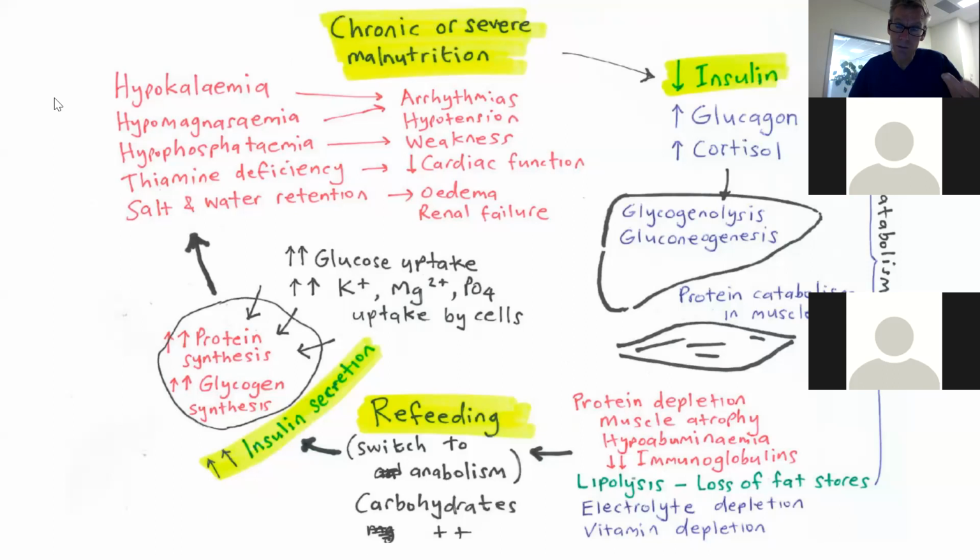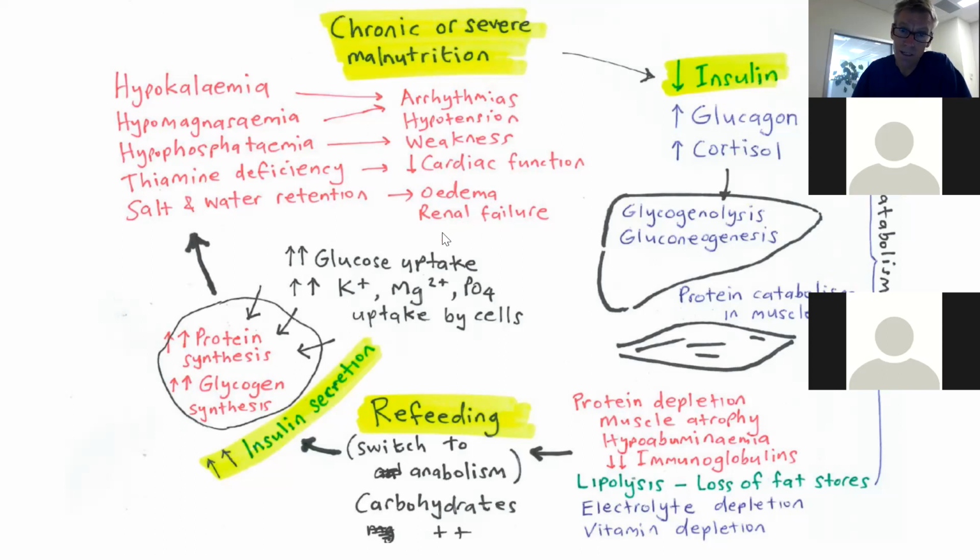These children can often have hypokalemia, or hypomagnesemia, where their magnesium is low, or their phosphate is very low in the blood, or they'll have thiamine deficiency, or salt and water retention. That is, their body is retaining too much salt and water. All of those things can lead to clinical complications like cardiac arrhythmias, hypotension, generalized weakness if they've got low phosphate and low magnesium, reduced cardiac function, or edema and kidney failure.